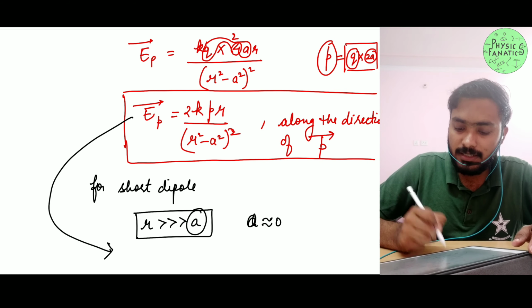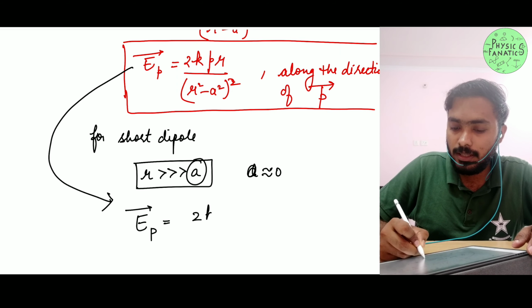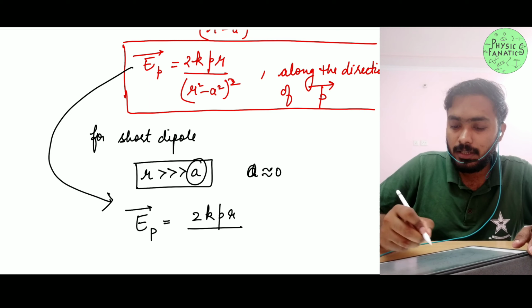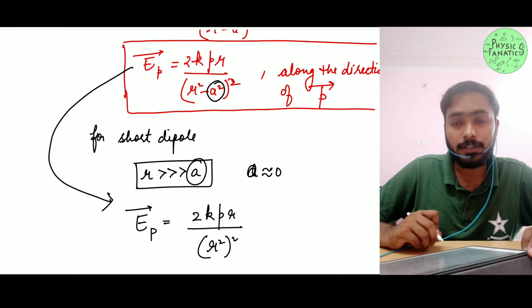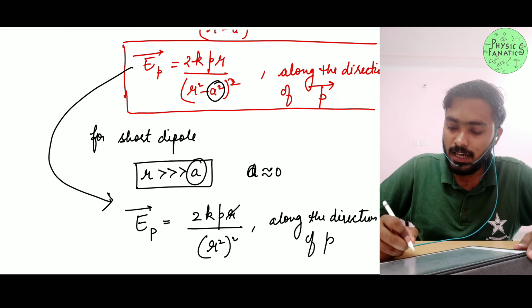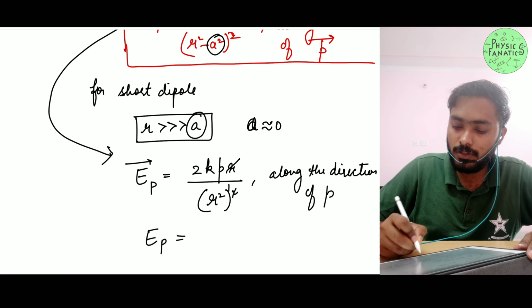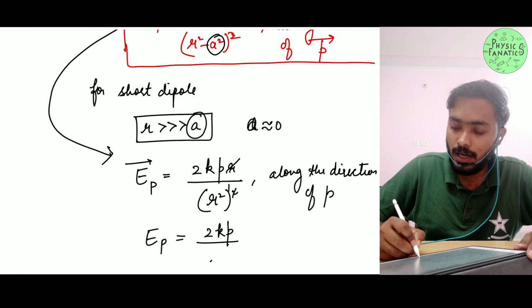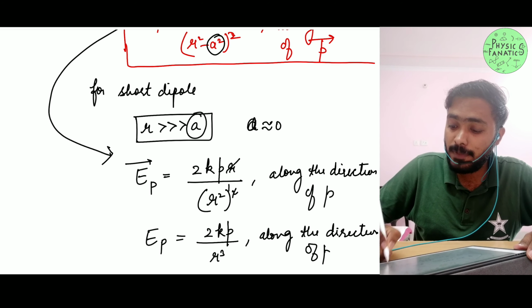So when that happens, this equation changes into E_P equals 2kPr divided by r squared squared, since a squared is 0, you're only left with r squared, and this will be along the direction of P. This r will cancel out with this, and the final answer will be E_P equals 2kP divided by r cube, along the direction of P. Yes or no?